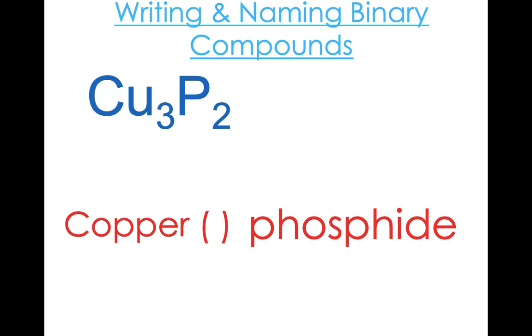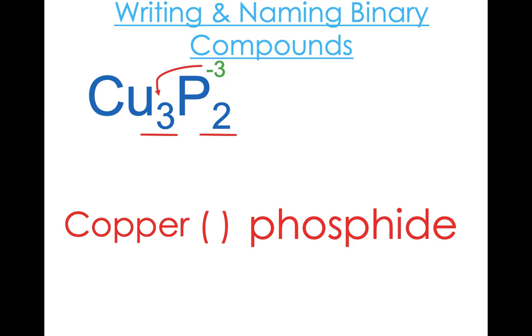At this point now, we need to figure out what was the original charge on the phosphorus and was this reduced or not. So currently right now we're seeing a 3-to-2 ratio between the copper and the phosphorus. Was that reduced or not? Look at the original charge on the phosphorus. The original charge on the phosphorus was a -3. If that's the case, then I should see a 3 next to the copper if I switched and dropped.